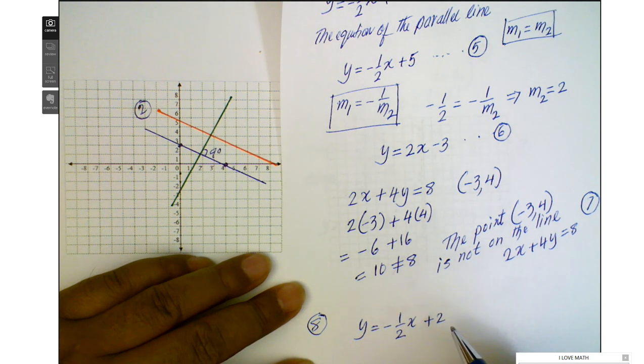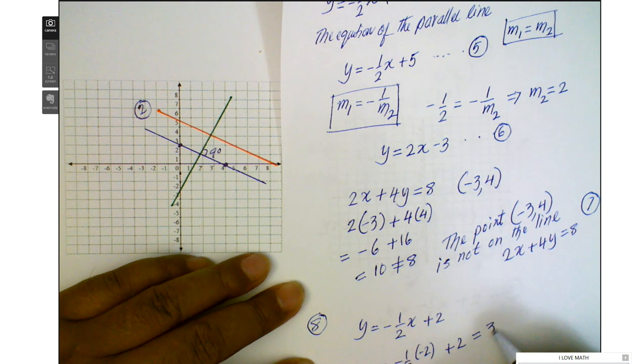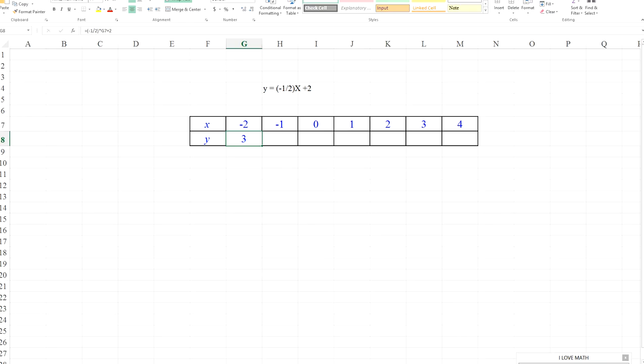So when I put x is equal to negative 2, negative 1/2 times negative 2 plus 2. Negative times negative makes it positive. So positive 2 times 1/2 is 1, and 1 plus 2 equal to 3. And this is exactly what we found in our Excel page, right here.